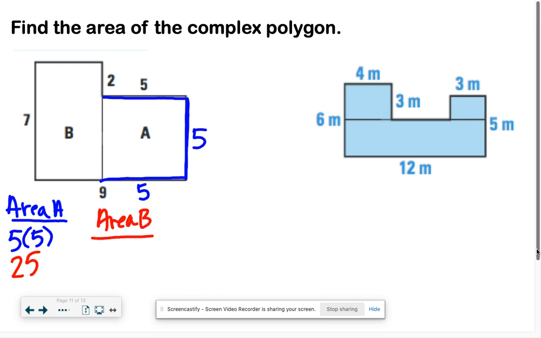Now we can look for the area of B. Our height is 7, but we've got to figure out what our base would be. 4. Ooh, how'd you get 4? 9 minus 5. Yep. You notice the whole thing's 9, up to here is 5, and what's left over? 4.